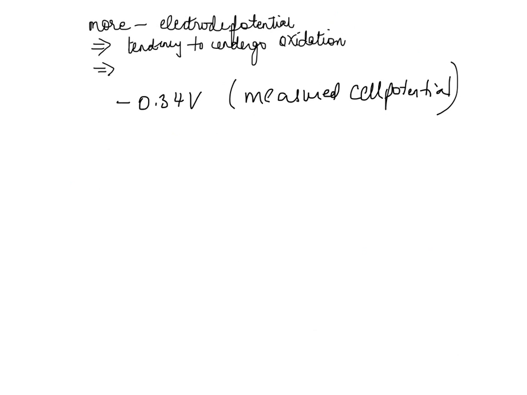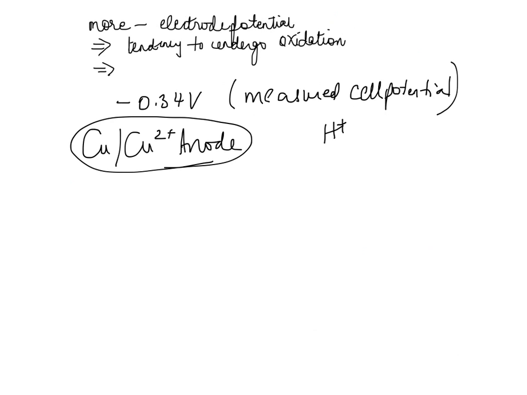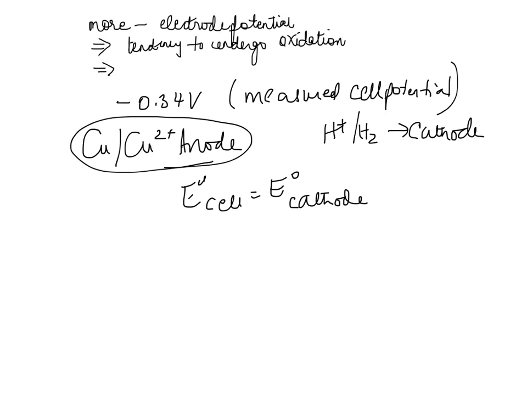Okay, now like I said, if it's an unknown and you know nothing about it, just randomly pick and make that the anode. So you have copper to Cu2+, which will happen at the anode, and 2H+ to H2, that will be at your cathode. So I'm going to do exactly what we did a couple minutes ago, where E naught cell is equal to E naught cathode minus E naught anode.